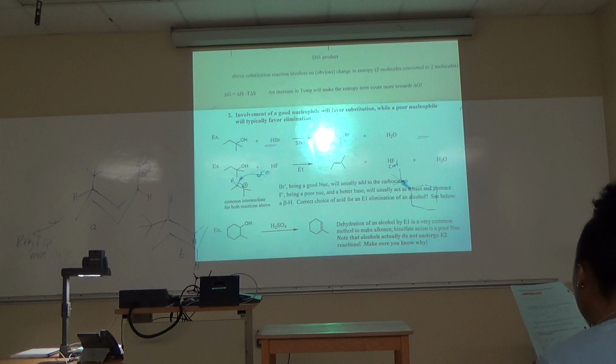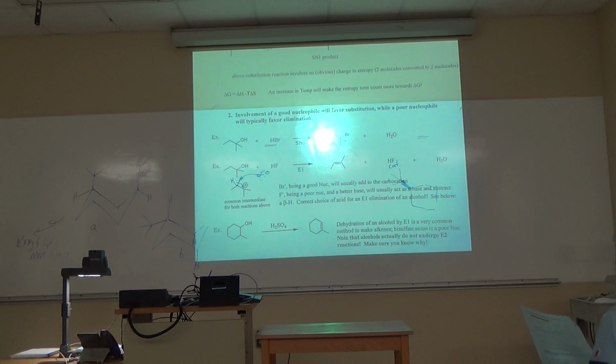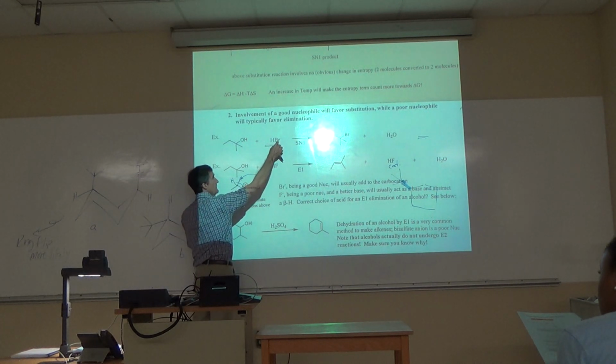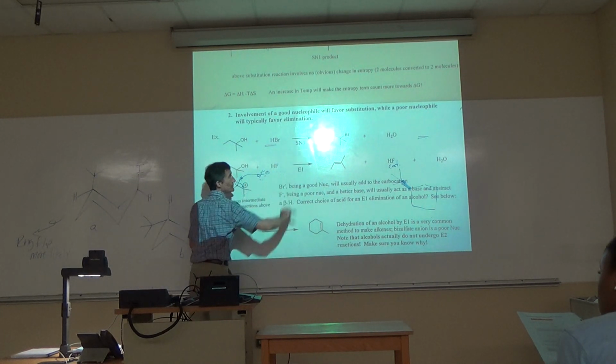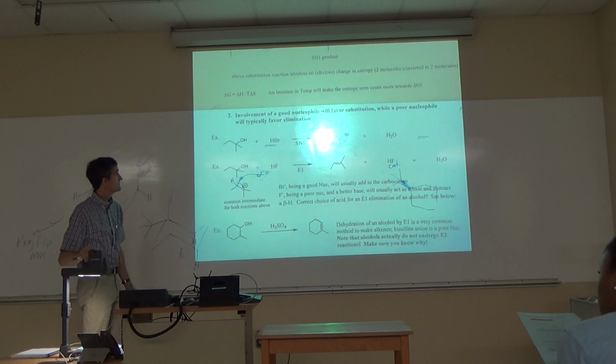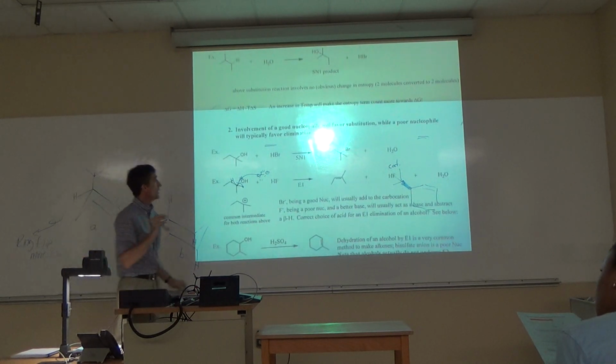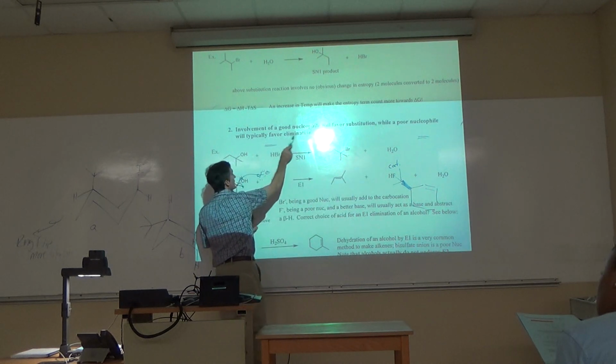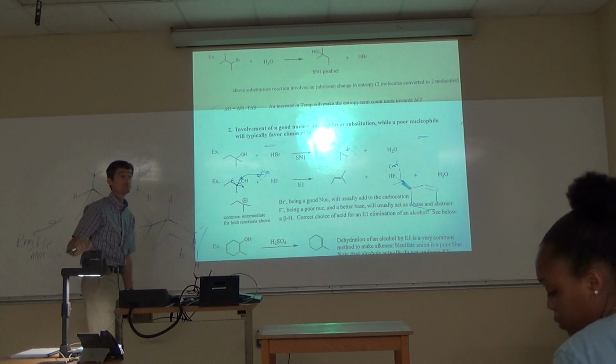We used sulfuric and HF. We said that those would never attack. But we're saying the same thing here. But Cl minus, Br minus, and I minus will attack the cation and give you a substitution product. So, good nucleophiles favor substitution, poor nucleophiles favor elimination.